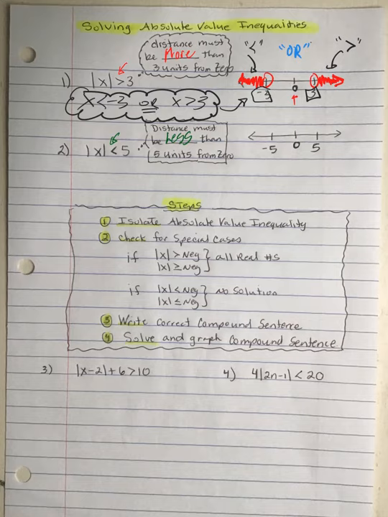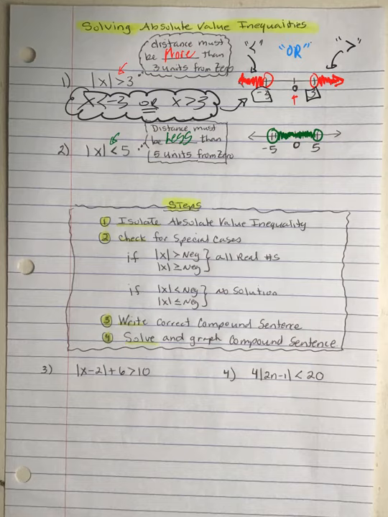Well, less than 5 units means you have to be at 4 or 3 or 2 or 1, etc., or 4.9999999. So you have to be less than 5 units. And couldn't you also be at -4, -3, -2, -1, or -4.9999999, right? So you have to be basically in between. You have to be in between -5 and 5.